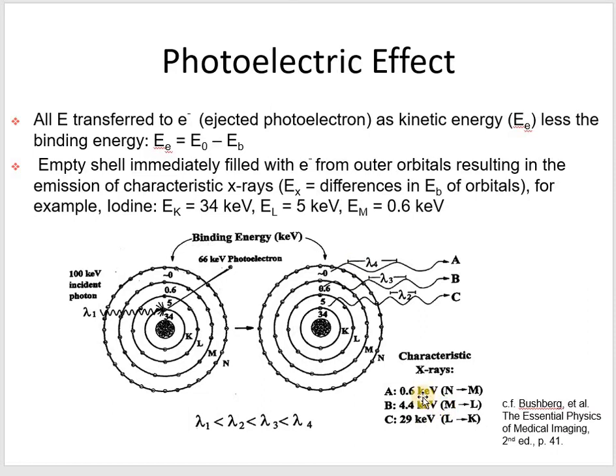Most of these photons, if they occur within human tissue, will be self-absorbed by the human tissue, so it actually incurs dose to the patient. Some of these photons will interact with other electrons, and this electron will be ejected and is known as an Auger electron.